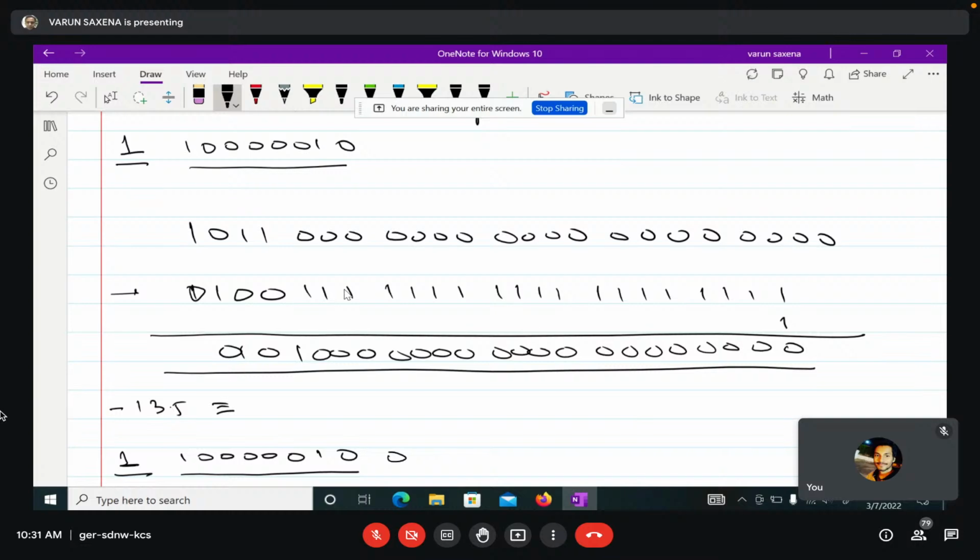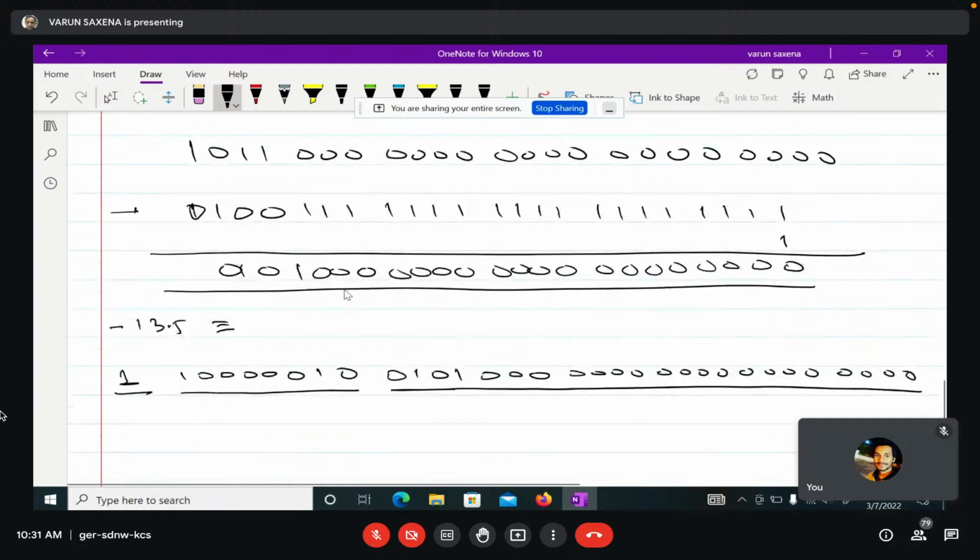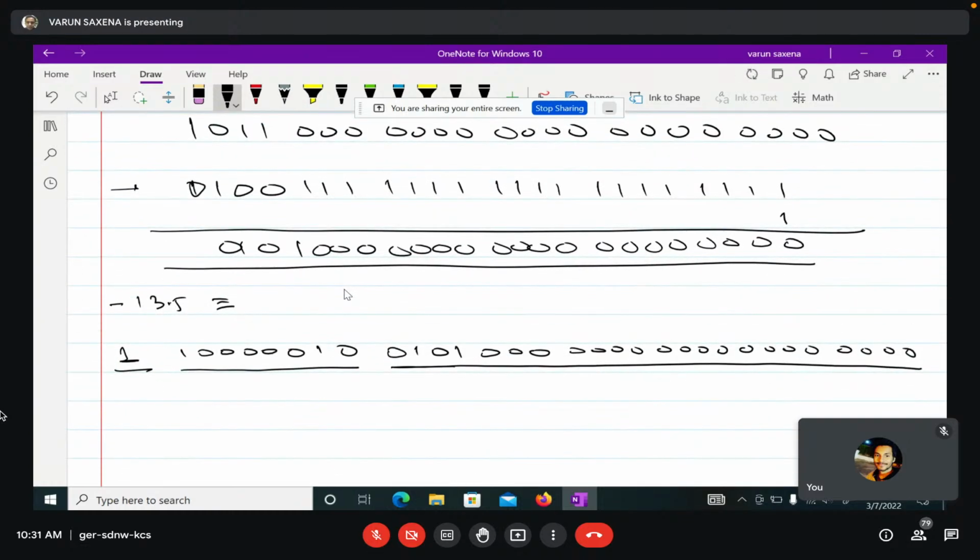And then you have the mantissa. So this entire thing gives you your negative number. So this is the 32-bit format representation for a negative number. Alright. So this is it.